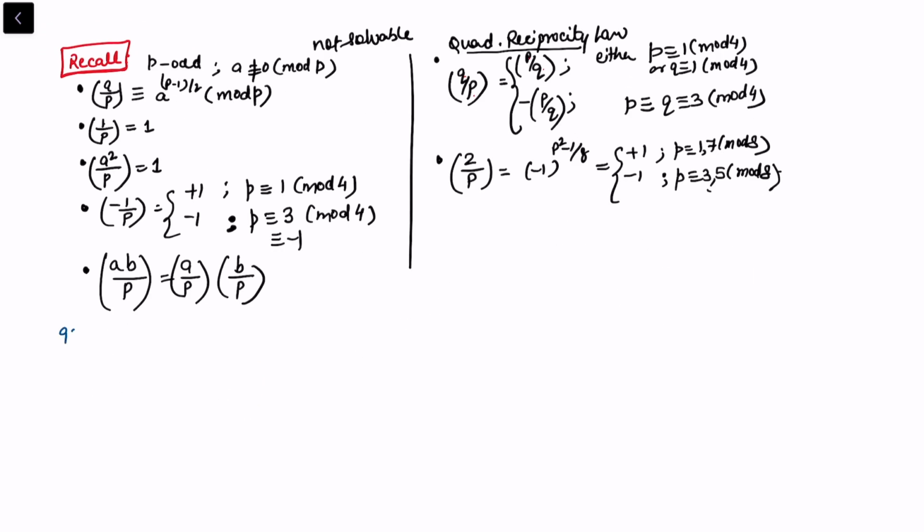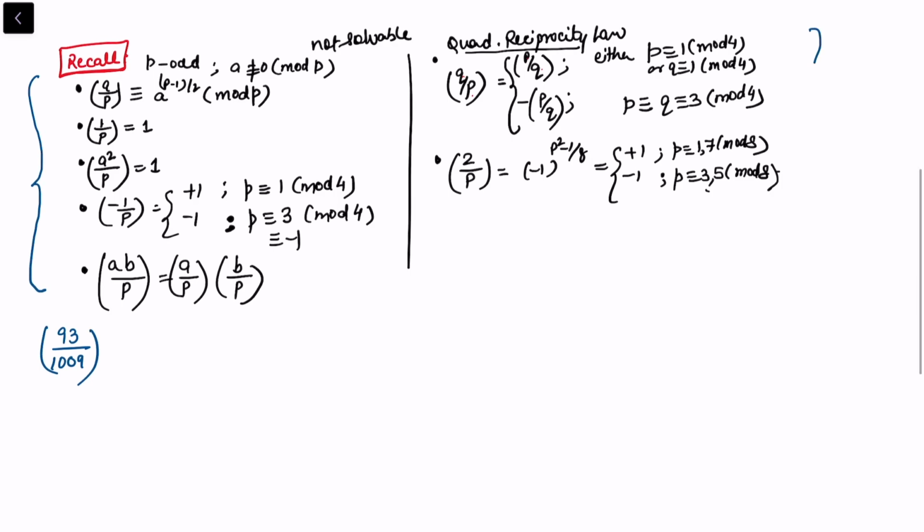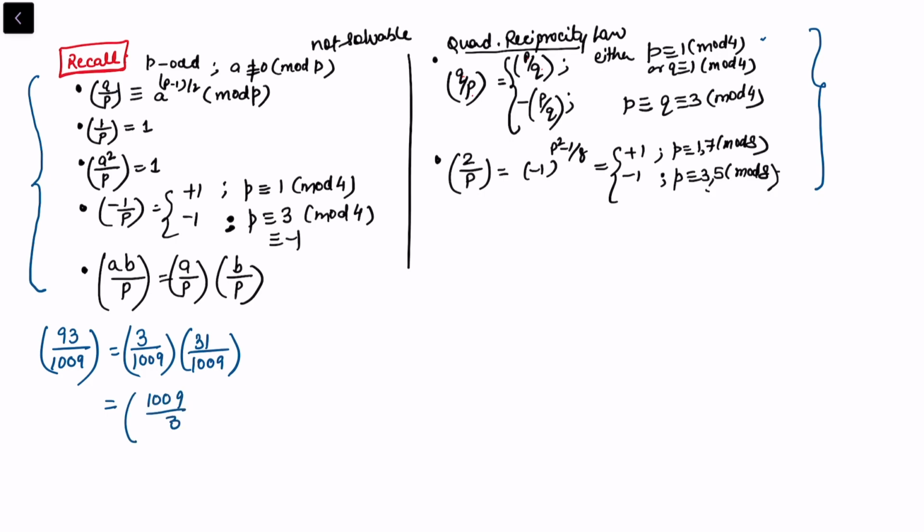Now to find the value of 93 by 1009, I'll be using the basic properties of the Legendre symbols that I've listed here. So 93, let's first split this into the primes, 3 by 1009, and then 31 by 1009. Using the quadratic reciprocity law, I can write 1009 by 3, and here also we can write 1009 by 31, because 1009 is congruent to 1 mod 4.